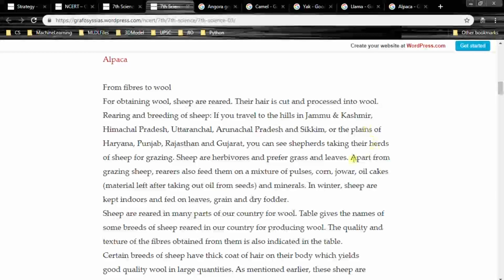So in the majority part of the Himalayan region, we can see the rearing of sheep, right? And also in plains of Haryana, Punjab, Rajasthan, Gujarat. So these are fed different food items like pulses, corn, jowar, oil cakes and minerals.